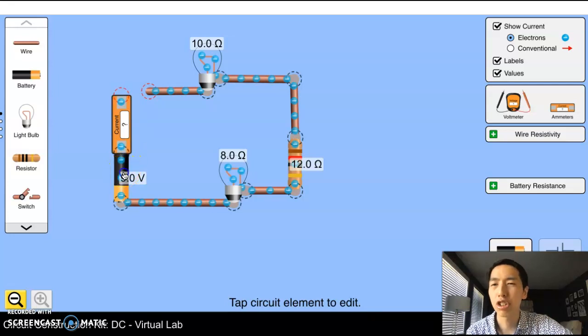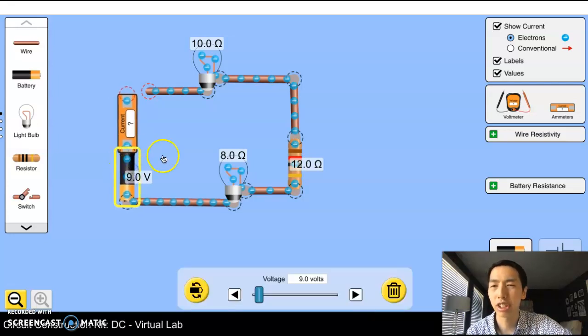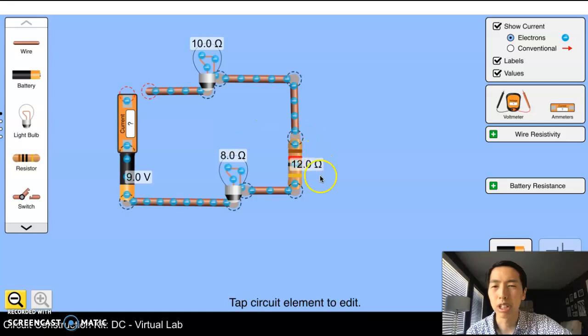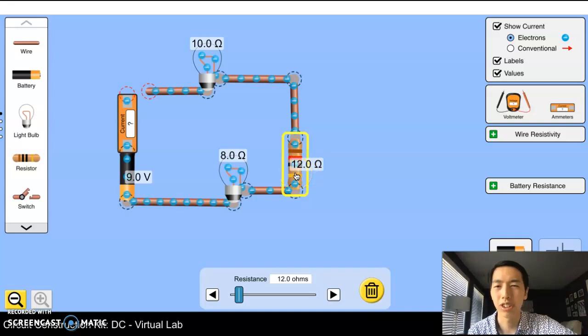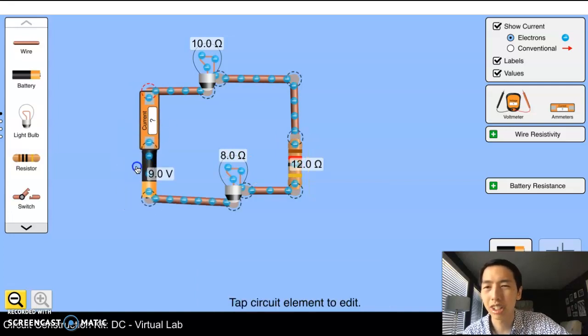And how can you change the current though? Well, there's two things you can do to change the current. You can either change the battery or change the resistor you use. So you buy a package of resistors. They're all sorts of different resistances. Right now the current's 0.3 amps.